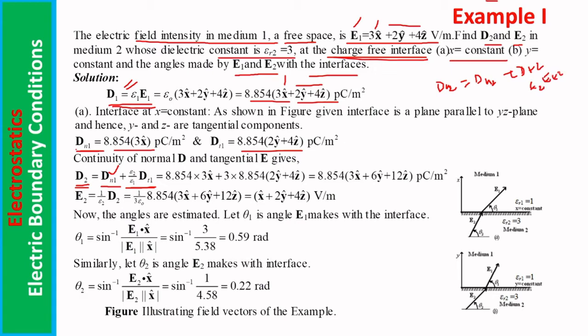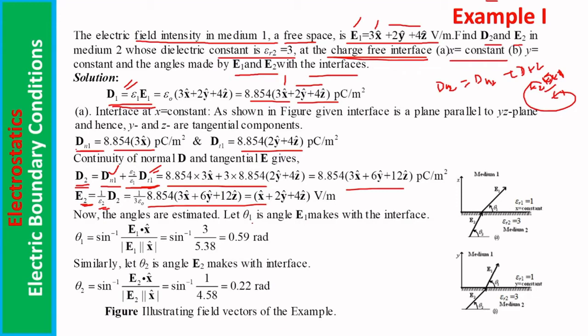But et2 is equal to et1, and et1 equal to dt1 by epsilon 1. So epsilon 2 by epsilon 1 dt1. This is the way D2 is expressed in terms of dN1 and dt1. dN1, dt1 are available. Substitute, and we will get this expression. Once D2 is available, E2 is D2 by epsilon 2. Using that, one can get this.